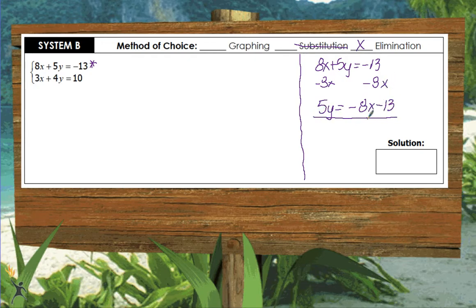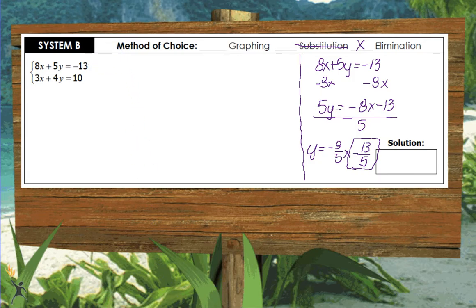And then I divide everything by 5. I get y equals negative 8/5 x minus 13 over 5. Graphing that would be very challenging. So I don't want to choose graphing. So let's choose substitution or elimination. So let's go in and take a look.